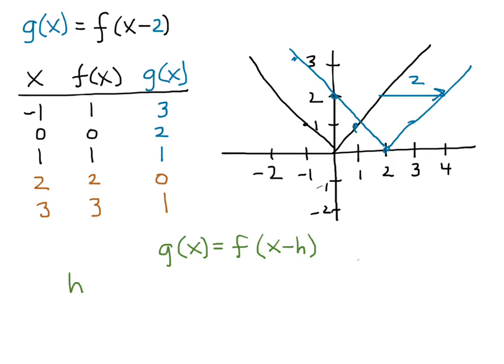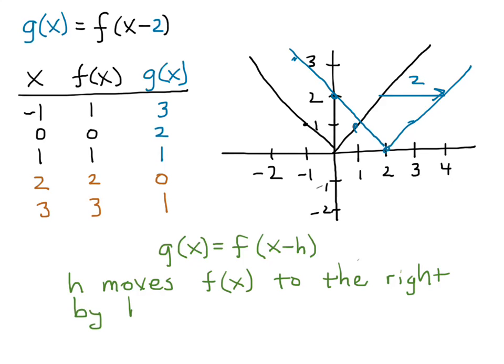So here's my generalization. If I take some value h, x minus h moves it to the right by h units. Now note the negative sign here. It moves opposite of where you would expect. X increases as you move to the right, but when you say x minus h, if h is positive, then it's going to move it to the right.